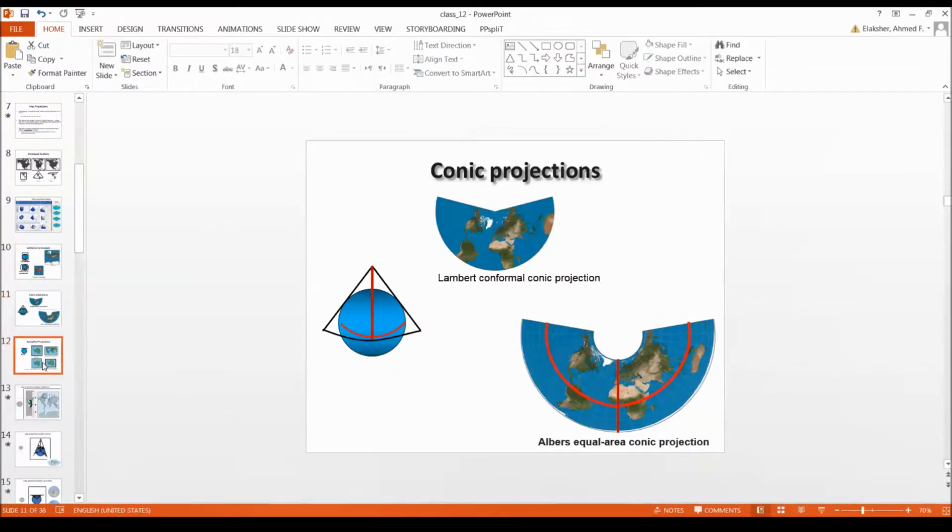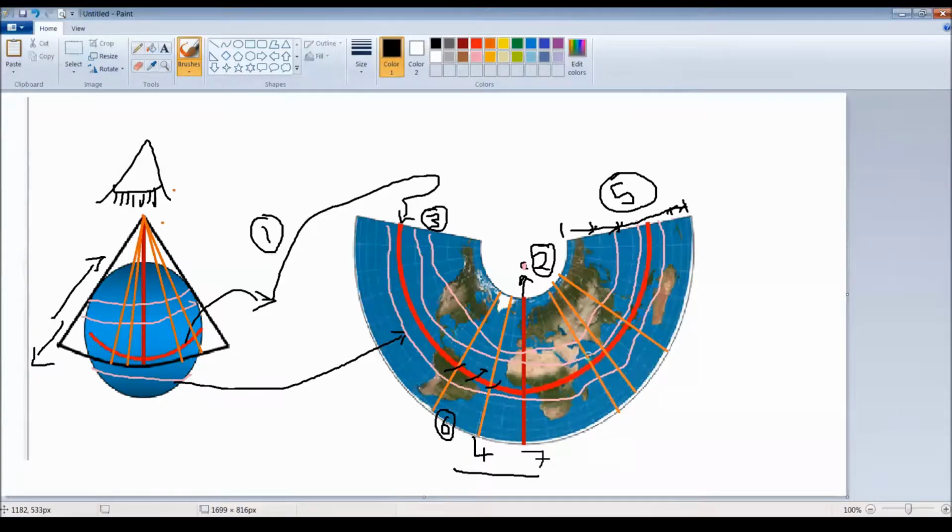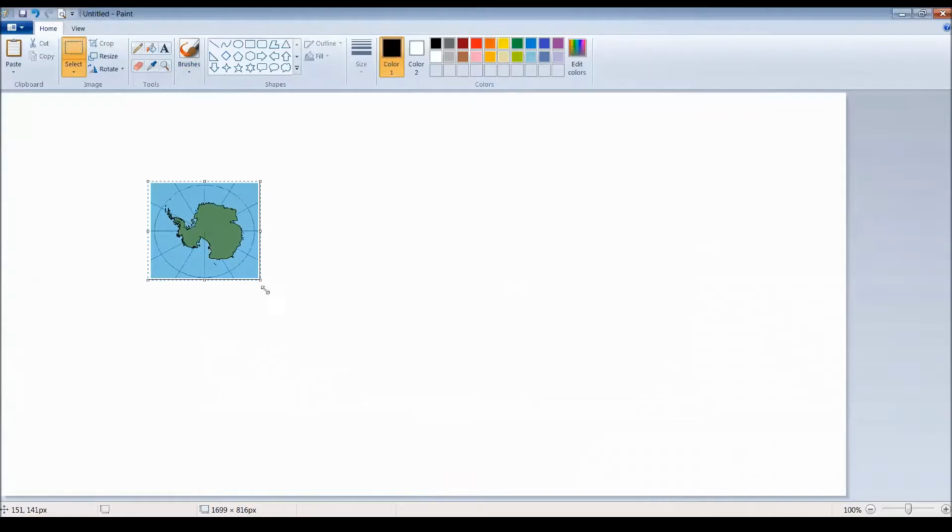Okay. The other one is the azimuthal, but the azimuthal is simple here. There are different azimuthal ones depending on where you place the plane. So I'm going to share Paint again. If I have the azimuthal one, that's also something you need to remember.